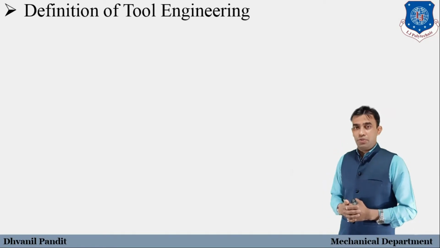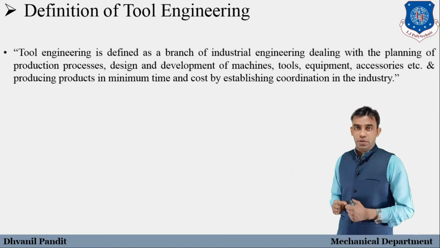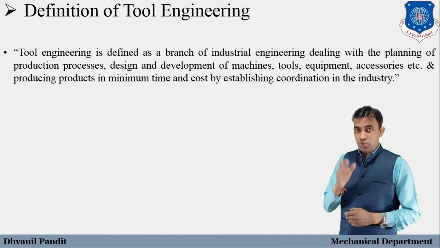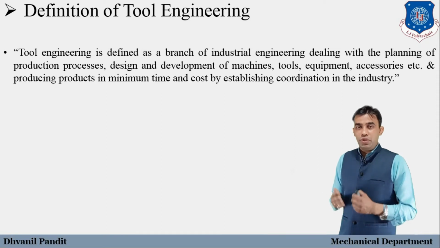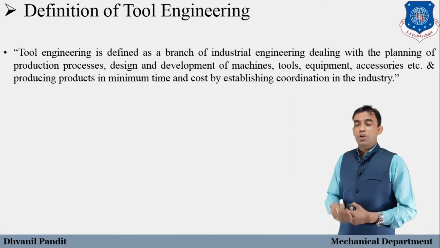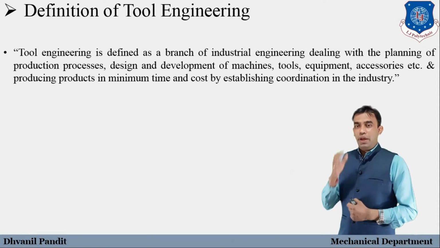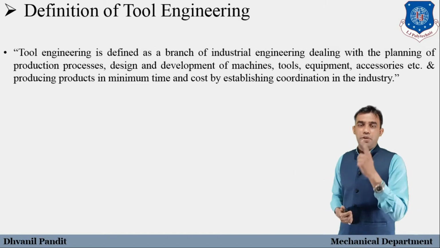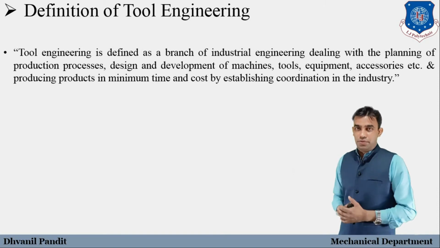As you can see on your screen, tool engineering is defined as a branch of industrial engineering dealing with the planning of production process, design and development of machines, tools, equipments, accessories, and producing the products in minimum time and cost. Quite essential, minimum time and cost.